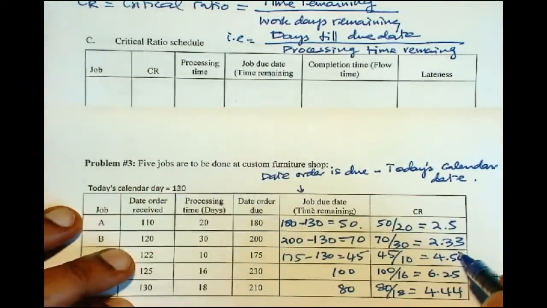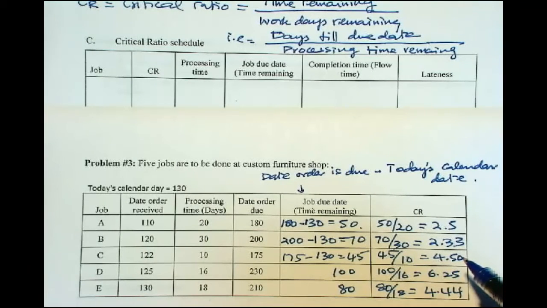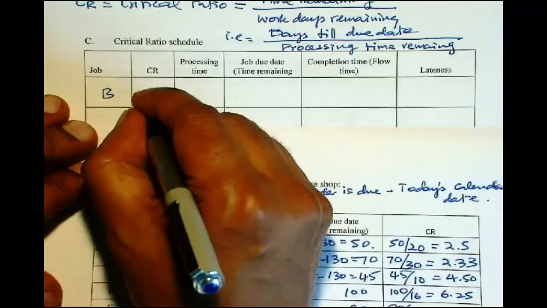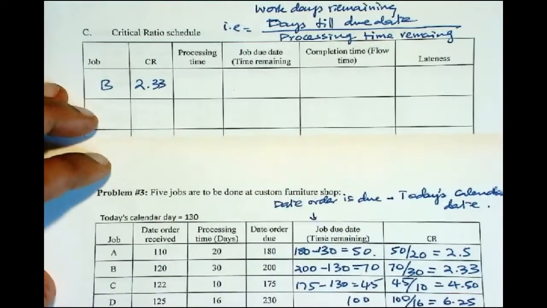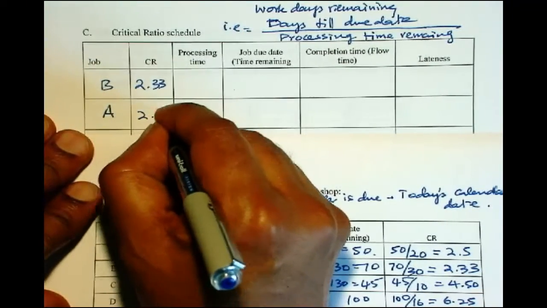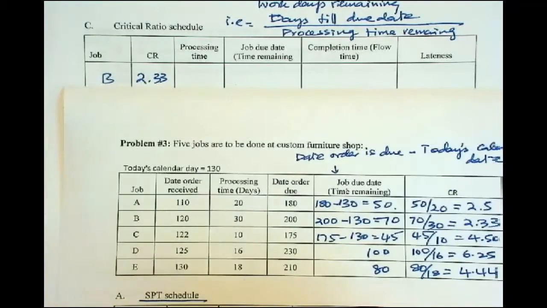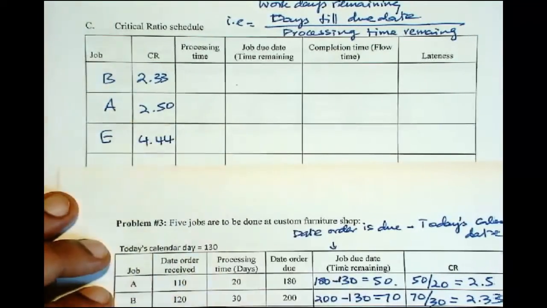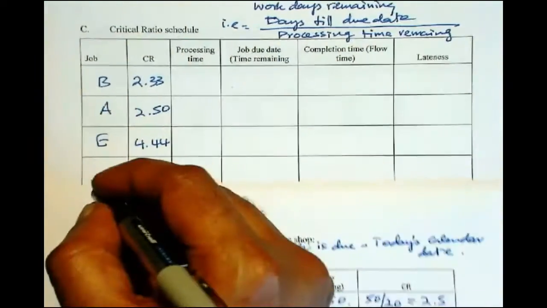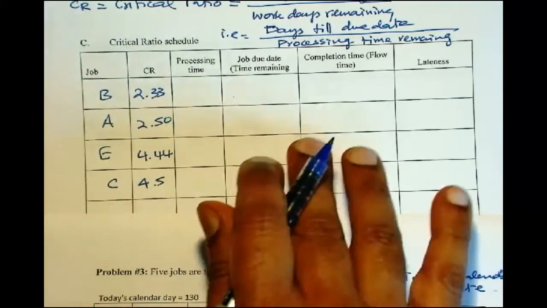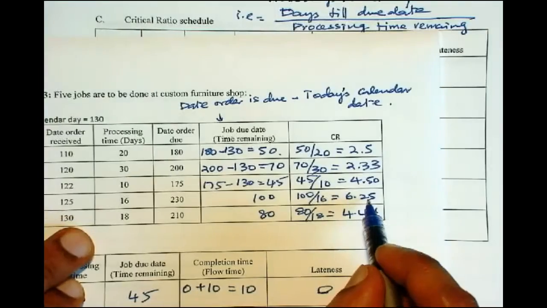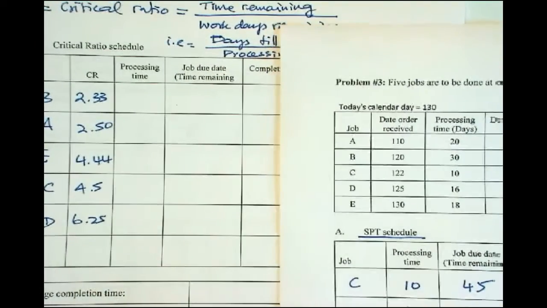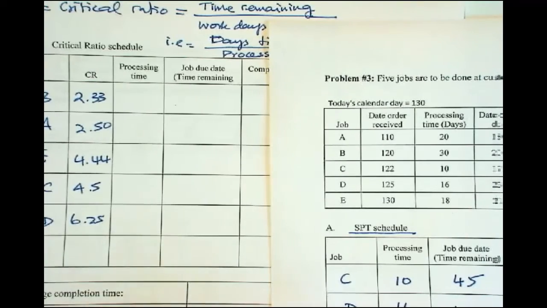So the smallest CR goes first, so that will be B. CR is 2.33, and then the next one is A with 2.5, and the next one is E with 4.44, and 4.5 is next, and then finally D, and that is 6.25. So that's our CR.